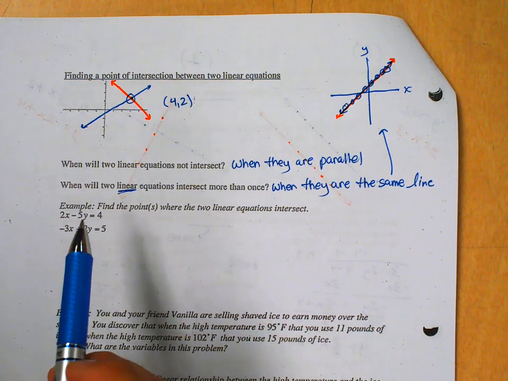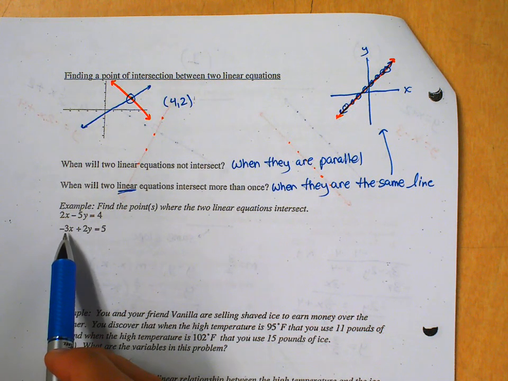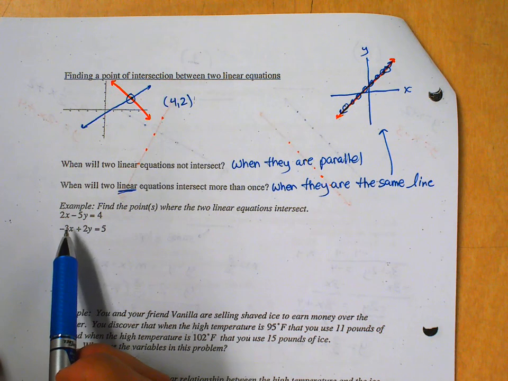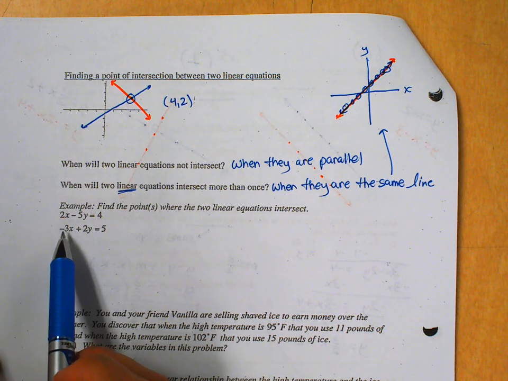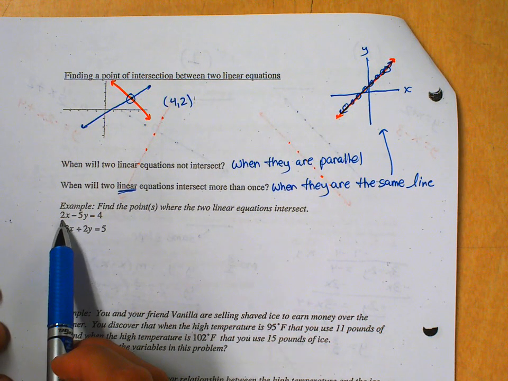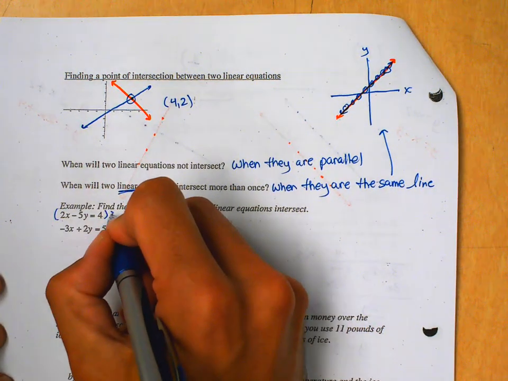Or in this case, 2 and 3 are both factors of 6. So I kind of think of it like trying to find a common denominator. If 2 and 3 were in a denominator, then the common denominator between the two of them is 6. So what do you multiply this by to get to 6? Well, we multiply it times 3.